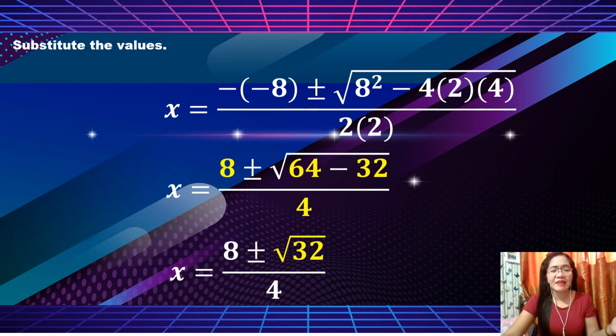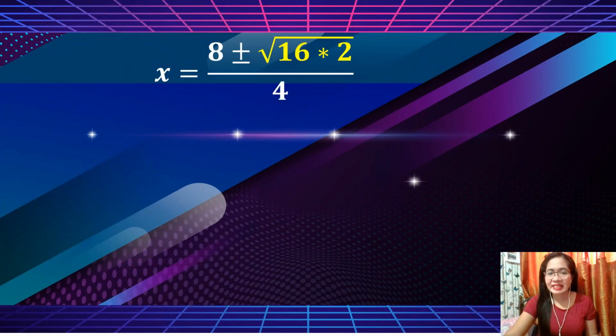Now, if your given is not a perfect square, is that the final answer already? No. You are going to find a factor of 32 in which one of its factors is a perfect square. That is 16 and 2.